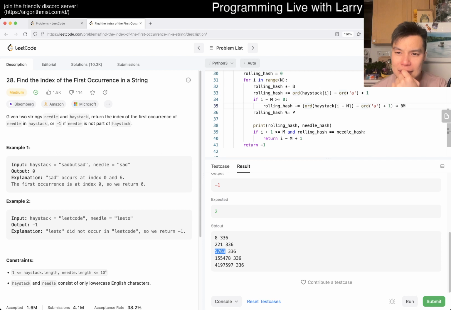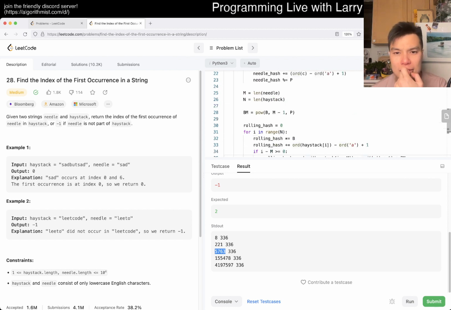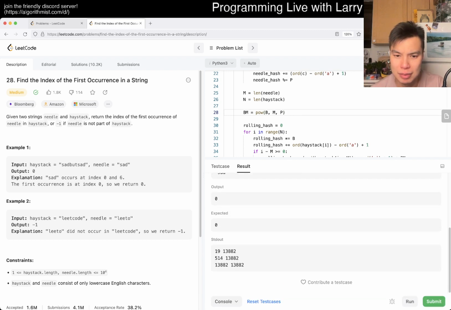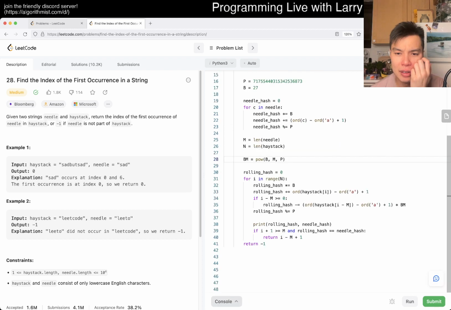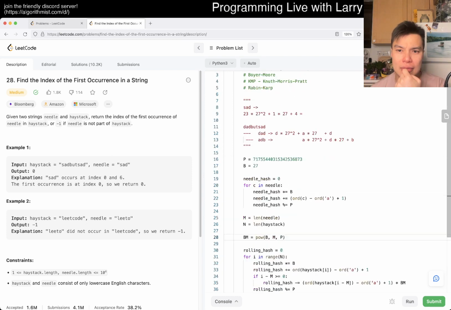Did I mess up? Is it m minus 1 or m? Maybe I messed that up. Okay, why did I have m minus 1? I actually forgot. Because here, this is query. Oh, I'm dumb.